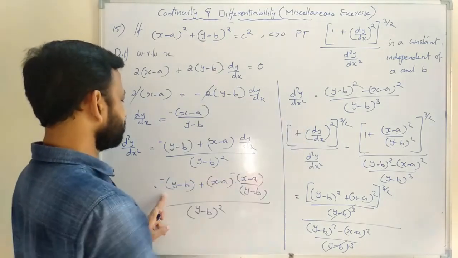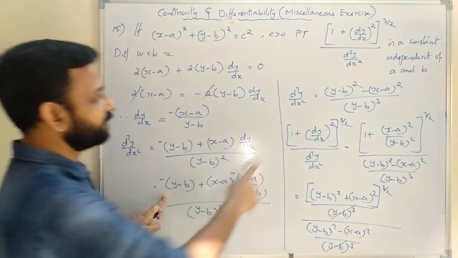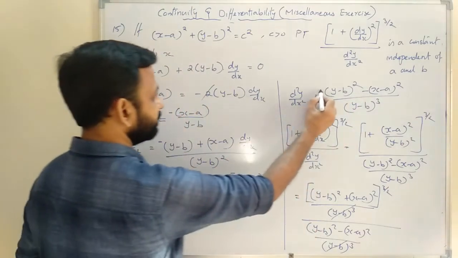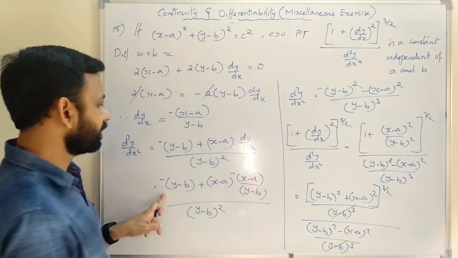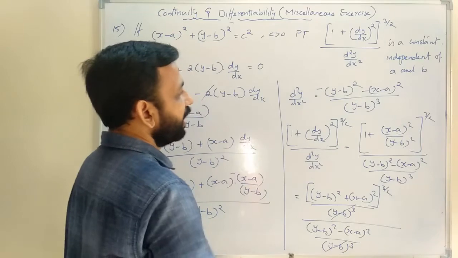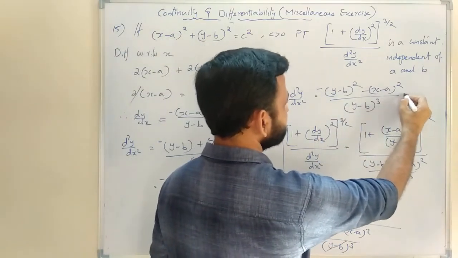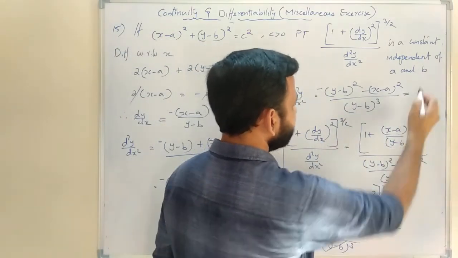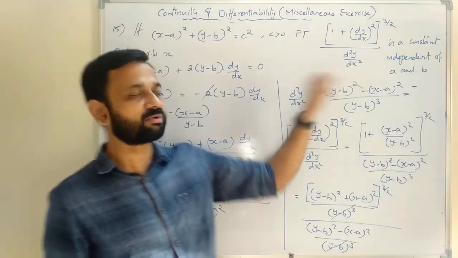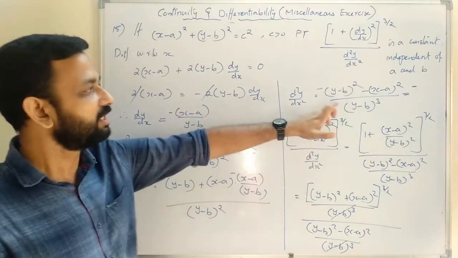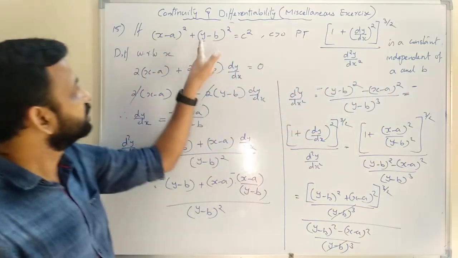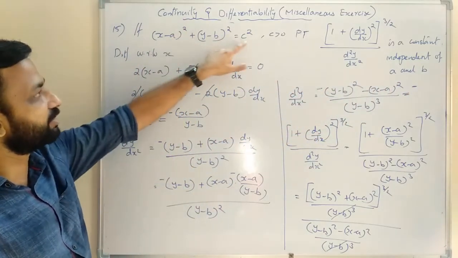Then d square y by dx square is equal to, we will take LCM, (y minus b) whole square, and here it is negative sign, (y minus b) whole square, negative sign is there, (y minus b) whole square minus (x minus a) whole square upon (y minus b) whole cube. And here this expression, when we take minus outside, so minus sign is common, then inside the bracket we will get (y minus b) whole square plus (x minus a) whole square, which is c square.